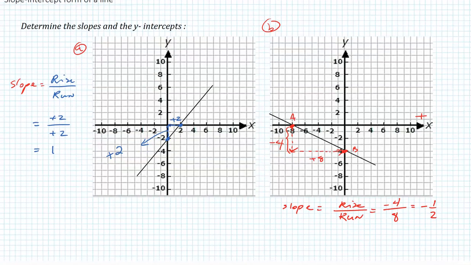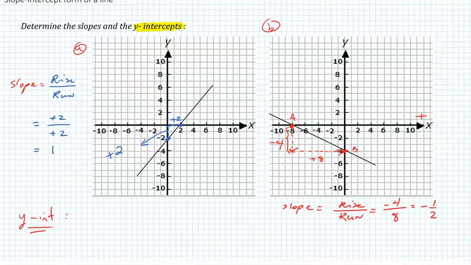Fantastic. The next part is finding the y-intercepts for both. Very easy. You find the y-intercept where the graph hits the y-axis. So let's go to the y-intercept for graph A. Very, very simple.